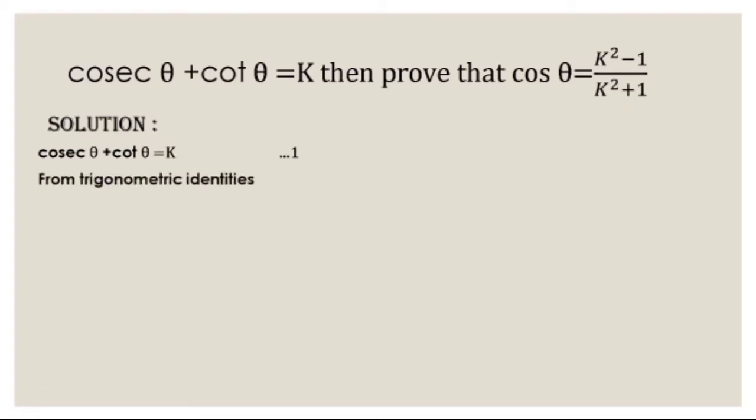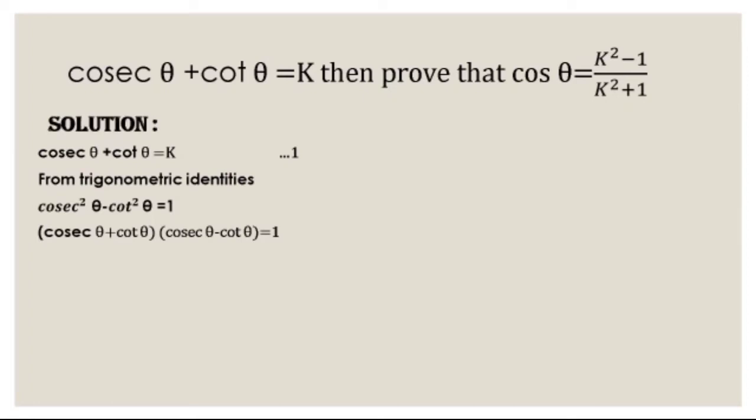From trigonometric identities, cosecant square theta minus cot square theta is equal to 1. Cosecant square theta minus cot square theta is like a square minus b square. So that cosecant theta plus cot theta into cosecant theta minus cot theta is equal to 1.